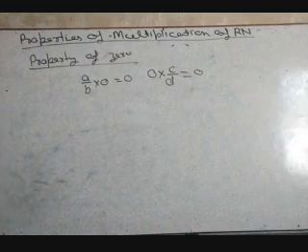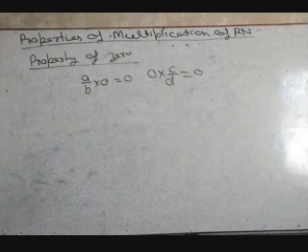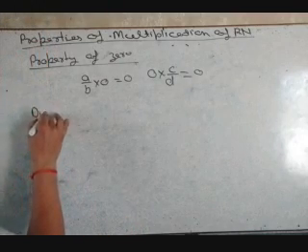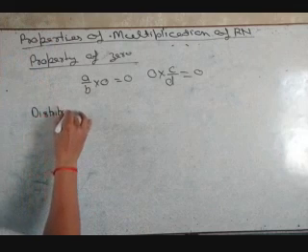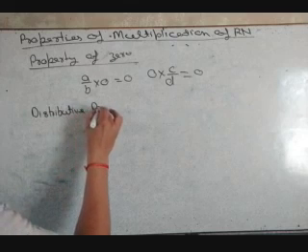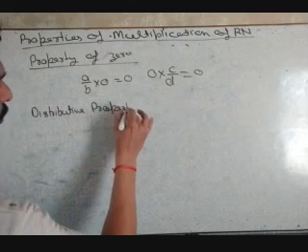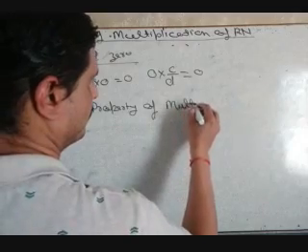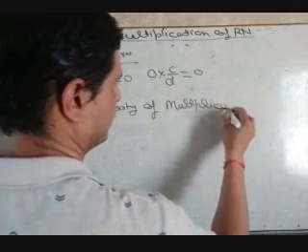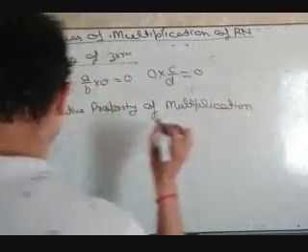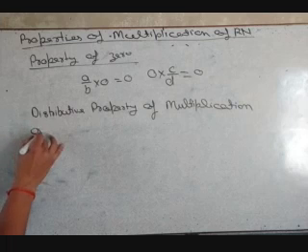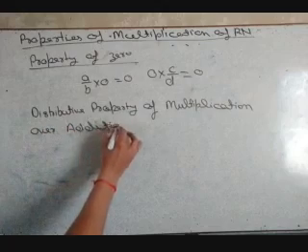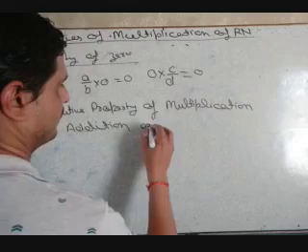And one more property is there, that is the distributive property of multiplication over addition or subtraction.